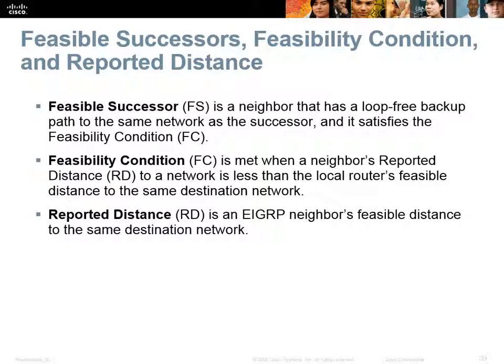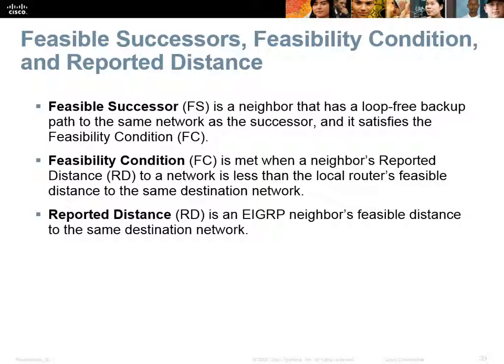So if Casey and I are both trying to get in touch with Jordan, we look at our table. If her distance is the same as mine, then I go to the feasibility condition. If it's less than, look at the feasibility condition. It is met when a neighbor's reported distance to a network is less than the local router's feasible distance.